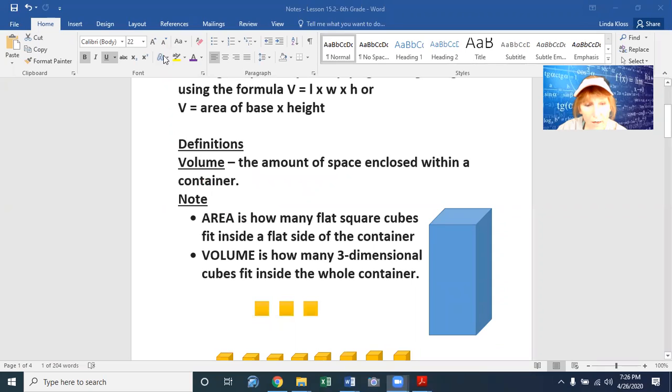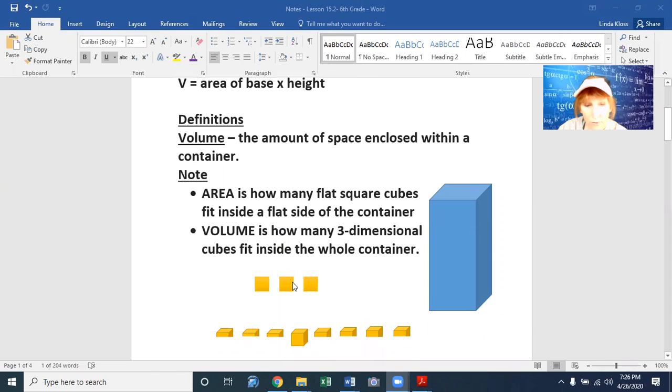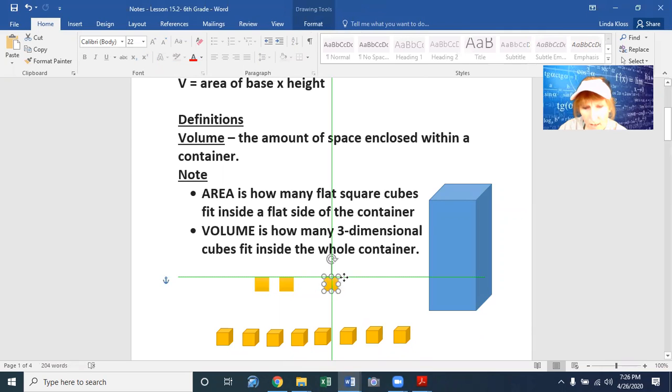So if I have area, it's how many flat squares will fit inside a flat side of the container. So for instance, here's my cubes, and I'm going to look at just the one side of this container. How many of these flat squares will fit on the flat surface of the side of this container?